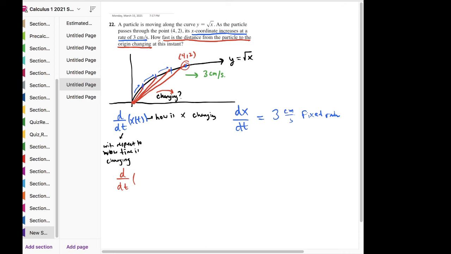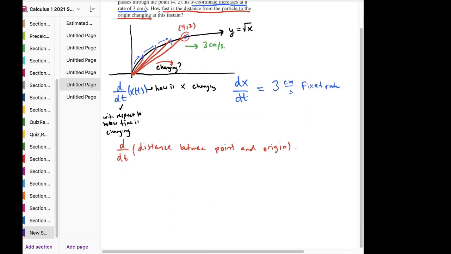What is the varying thing? Yeah, distance to the origin. So it's distance between point (x, y) and origin (0, 0).